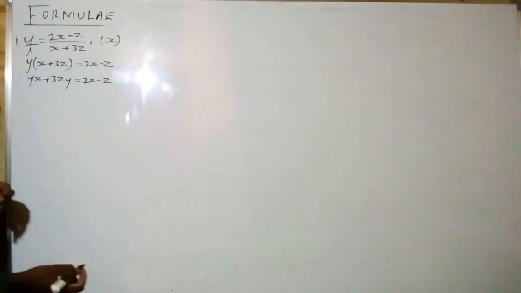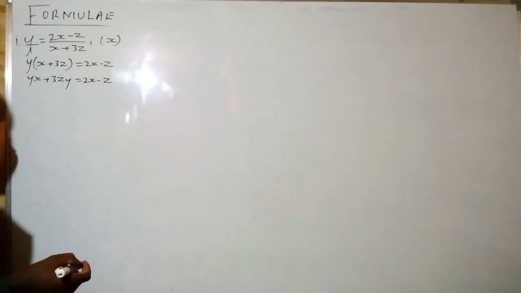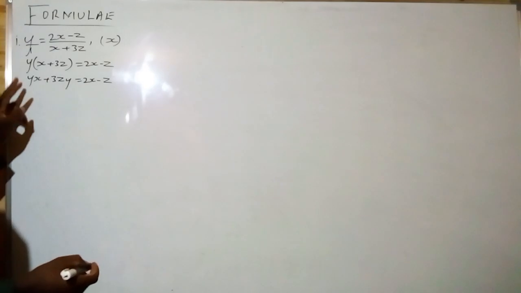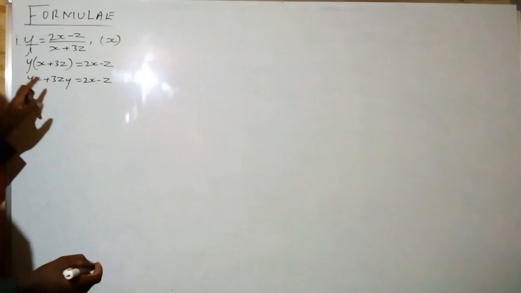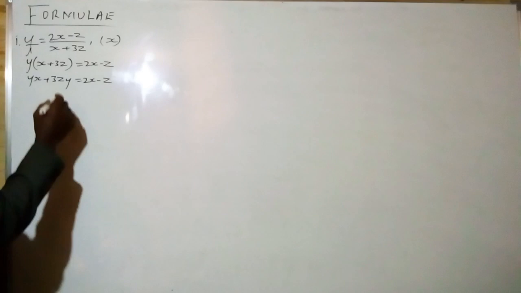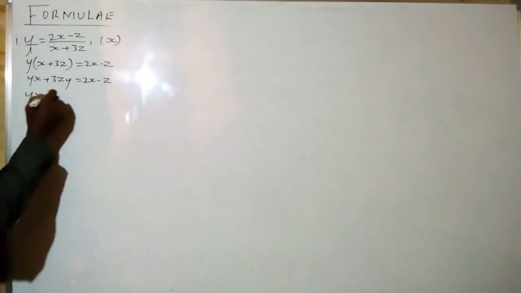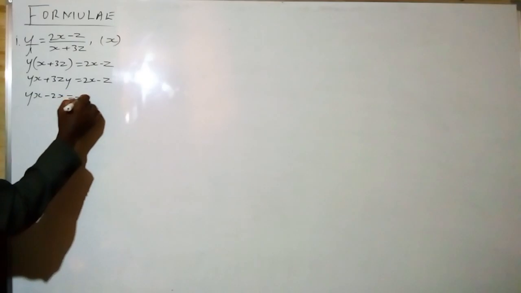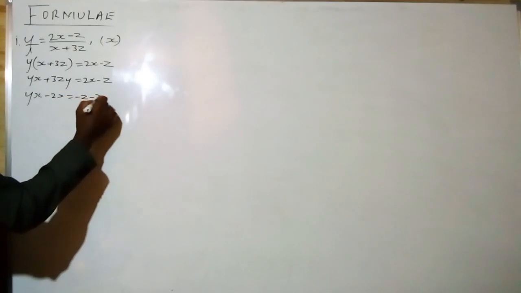Because we are required to make x the subject, all the values with x we bring from right to left, and values without x we take to the right hand side. Yx minus 2x is equals to negative z, negative 3zy.